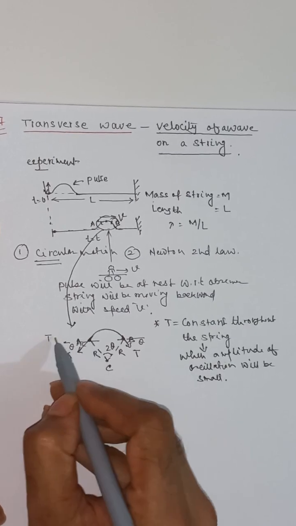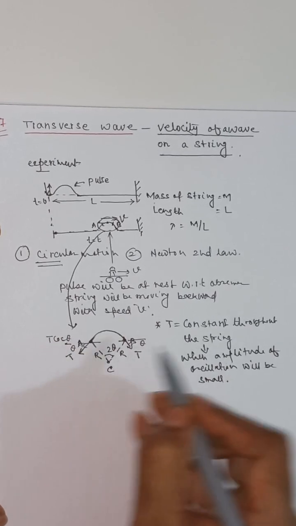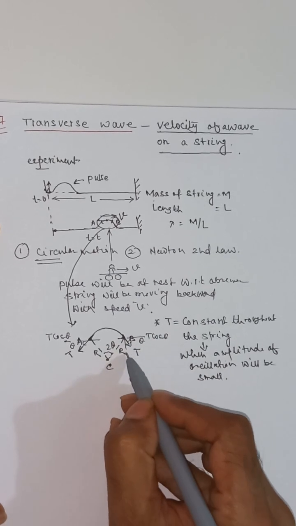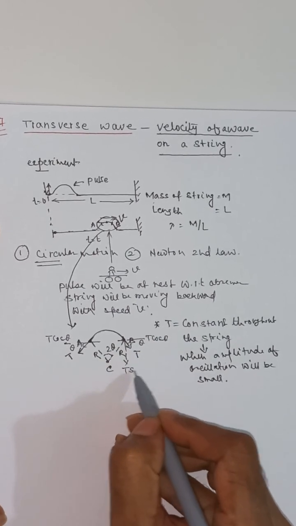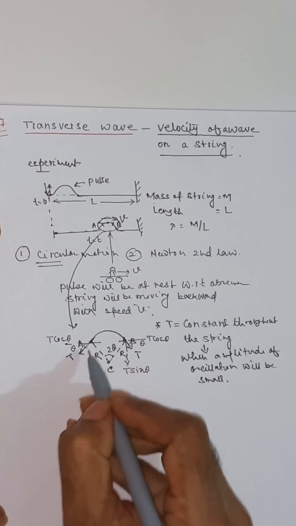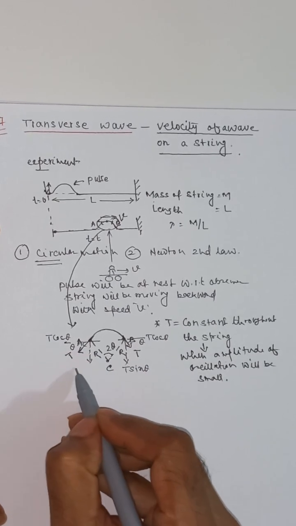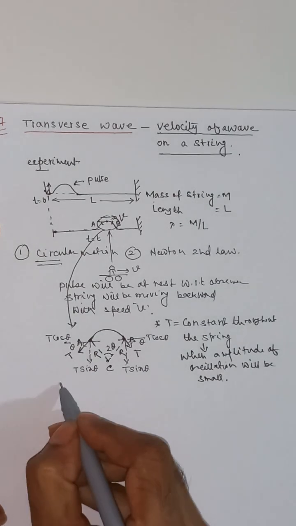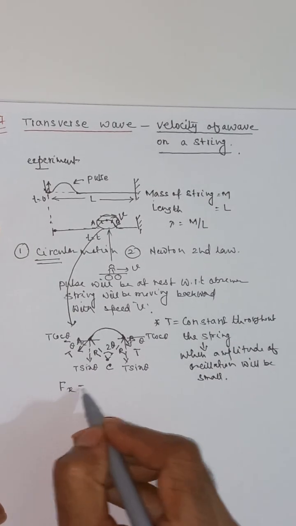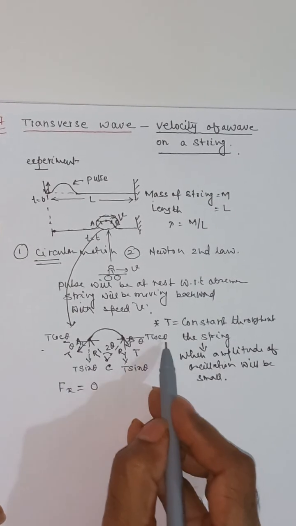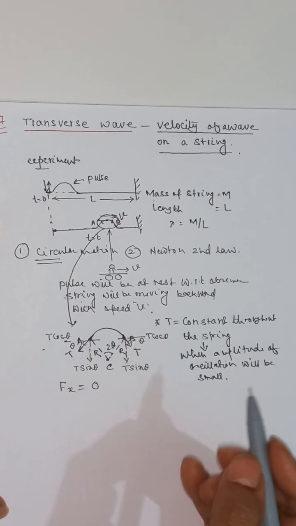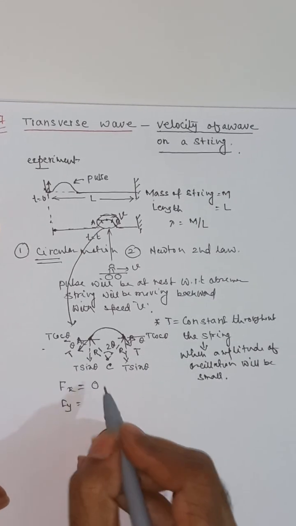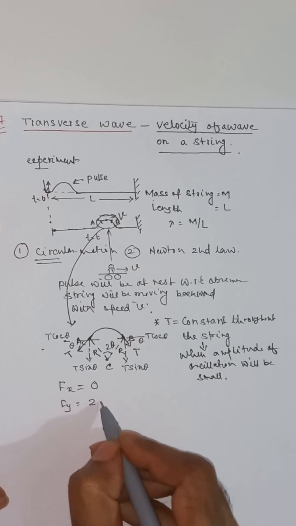So along the x direction, this will be T cos theta, and the vertical component will be T sin theta. So the forces along the x direction will be 0, the positive and negative sides cancel. And the net force in the y direction will be 2T sin theta.